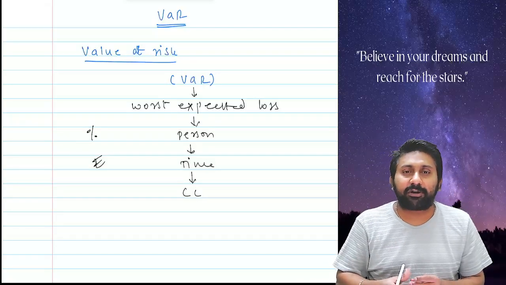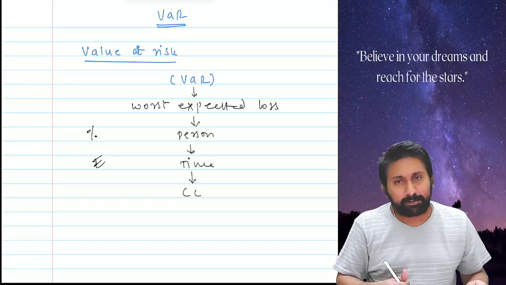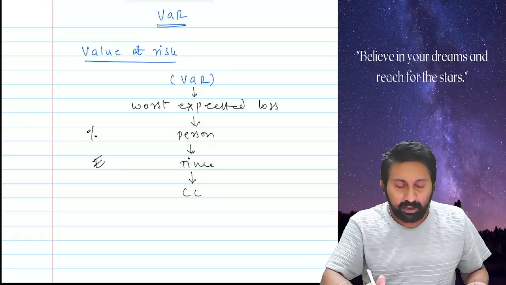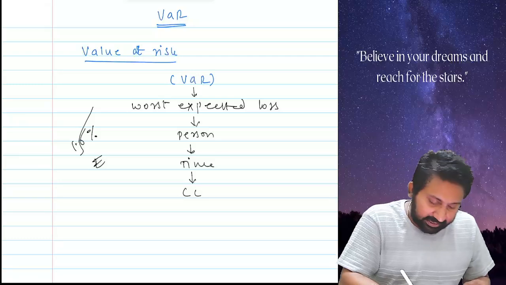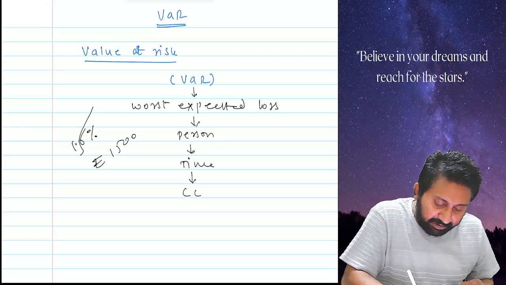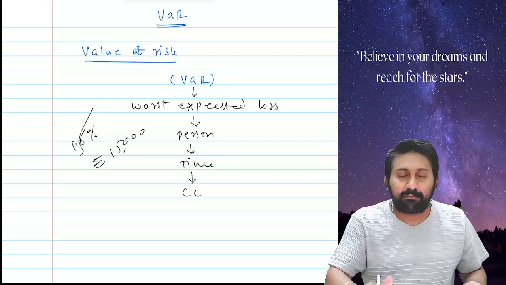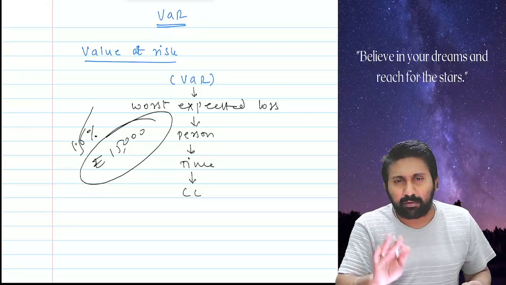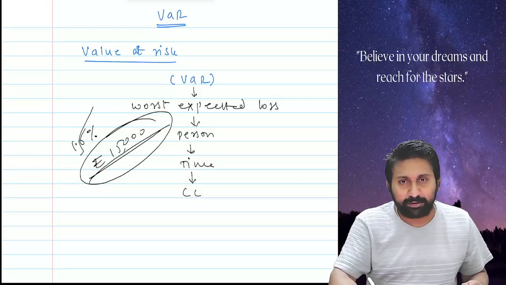You can express that in two ways: VAR is 1.5%, or VAR is 15,000. If you express it as 1.5%, it's called VAR as a percentage. If you express it as 15,000, it's VAR as a rupee amount. Both are right. The exam mostly asks for amounts. One or two problems have percentages, but mostly they will test you on rupees.